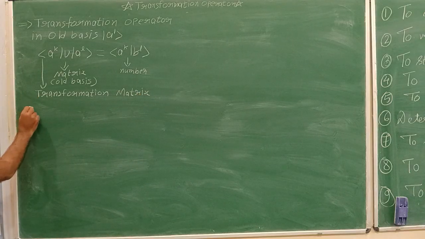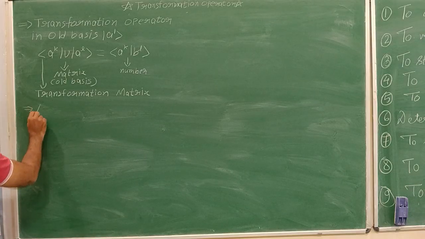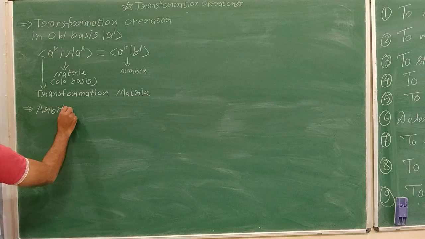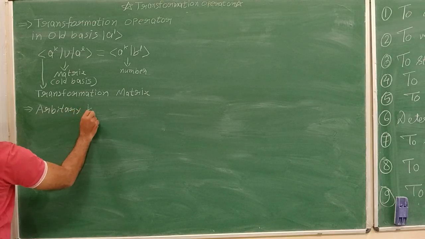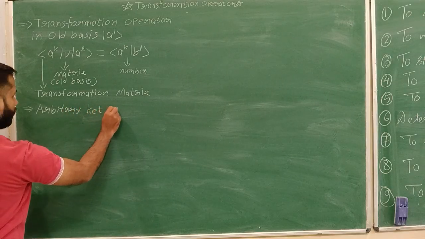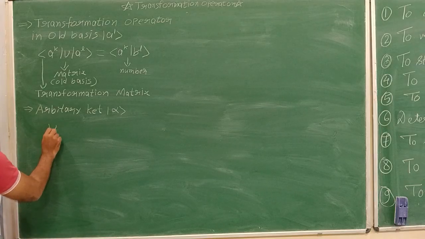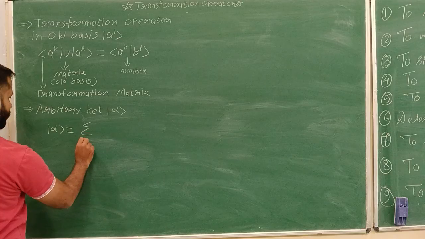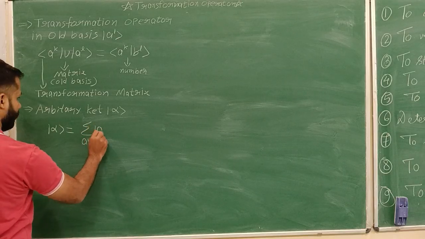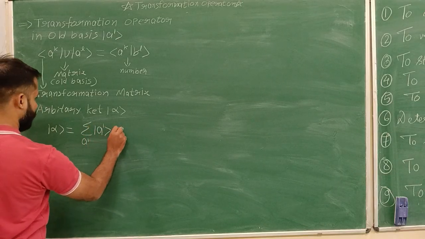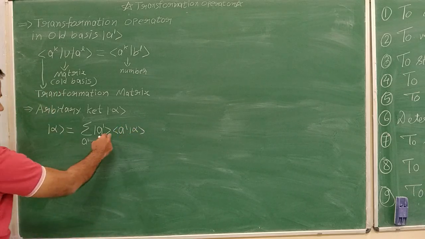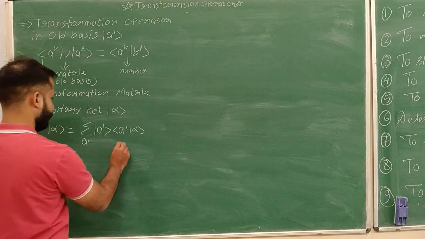Say we have some arbitrary ket alpha. Then this is the expansion coefficient in the old basis.